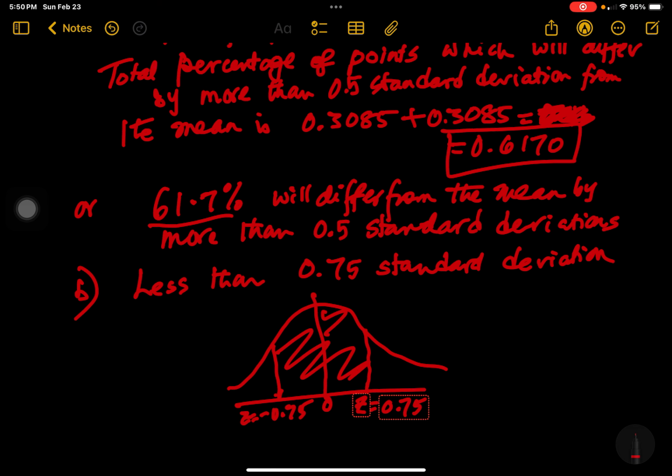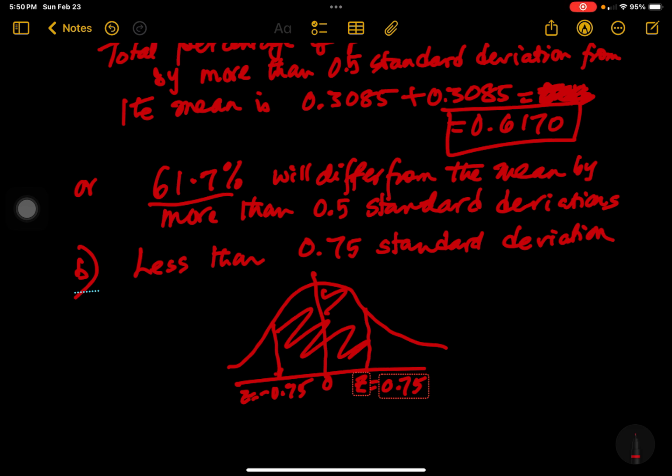We can use the TI-84 to find the total area under the standard normal curve. So this is the standard normal curve, which means at the center z is 0, mean is 0. It's a normal curve whose mean mu is equal to 0 and sigma is equal to 1.